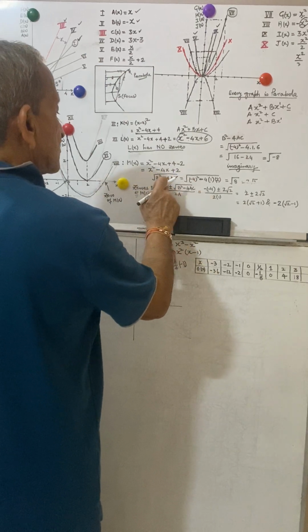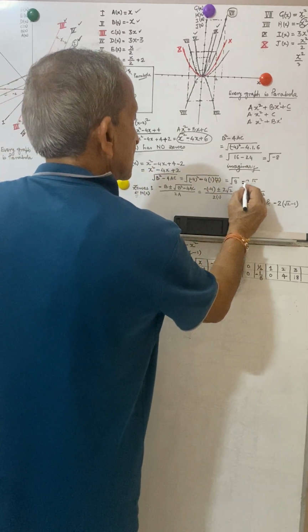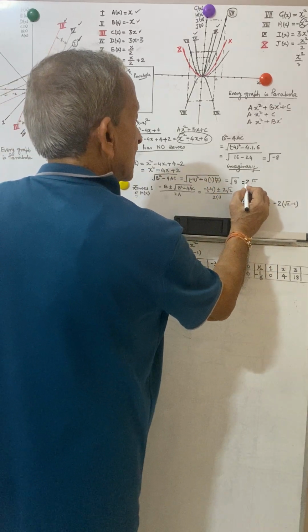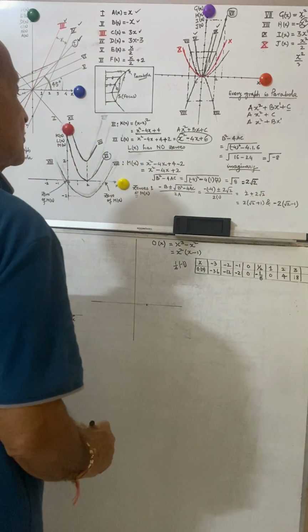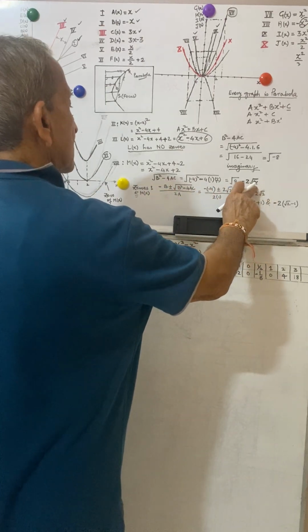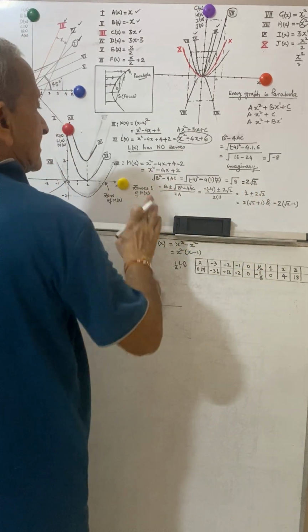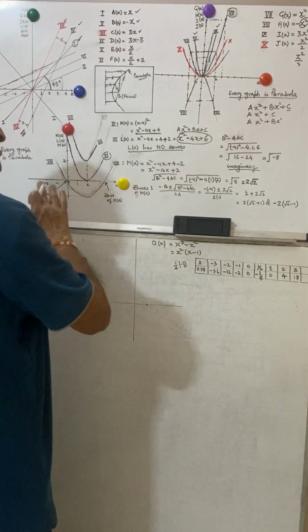So the value of b square minus 4ac will be this, that is root 8. It is not minus. It is 2 root 2. It is real. So the roots will be real, so the zeros will be real. It will cut the axis of x.